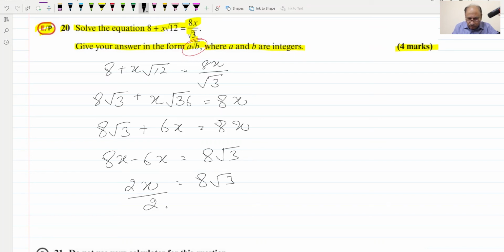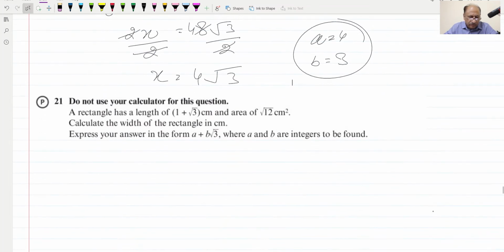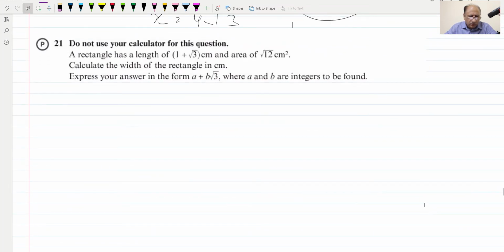We can divide both sides by 2 to get rid of the coefficient of x, and this will be 4. So x will be equal to 4 root 3. So our a value is equal to 4 and b value is equal to 3. This is what we were supposed to find. Now question number 21.